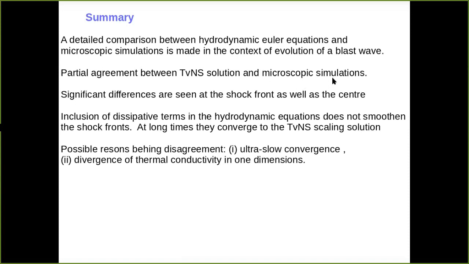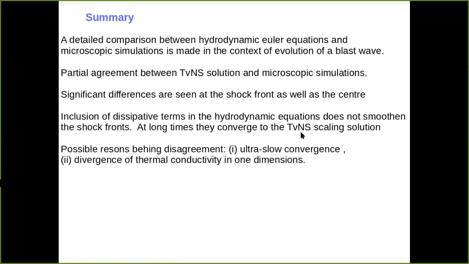The disagreement is near the shock front and near the shock center. The inclusion of dissipative terms helps us do the hydrodynamic numerics easily, but it does not affect the long time result, and it converges to the TVNS solution at long time.